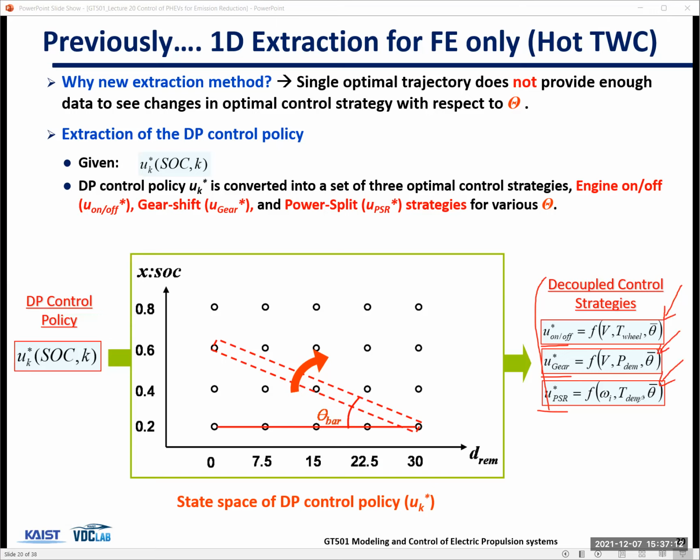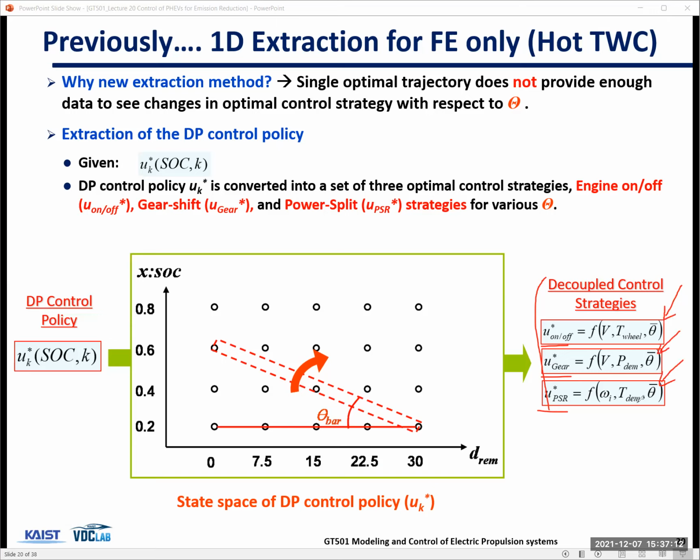Theta bar is normalized theta, so it varies from 0 to 1, okay? And this is the results, and you can take a look at these details, but the key here is that when theta is close to 1, then this is charge sustaining.